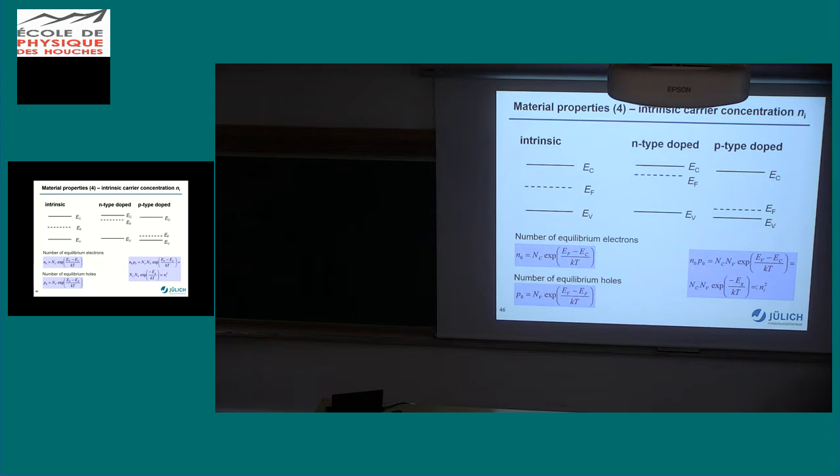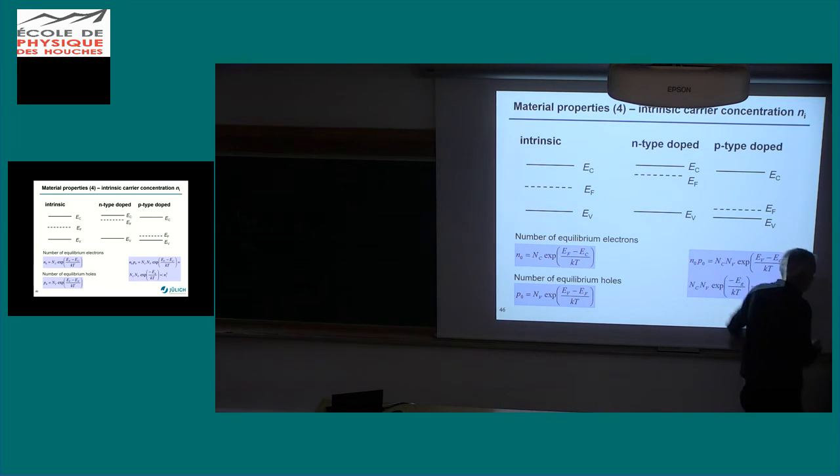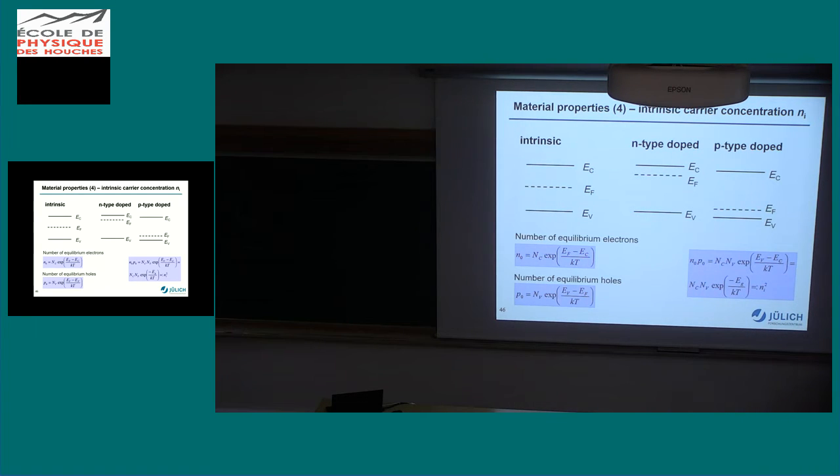The interesting thing is that the product of these equilibrium concentrations remains the same, and that's important also for calculation. That's only depending on the band gap energy and the density of states in the conduction and in the valence band.